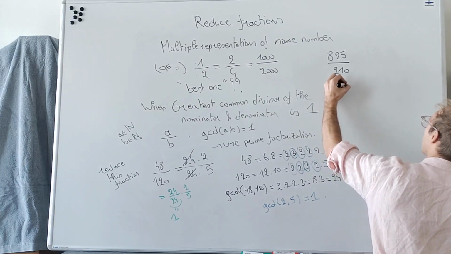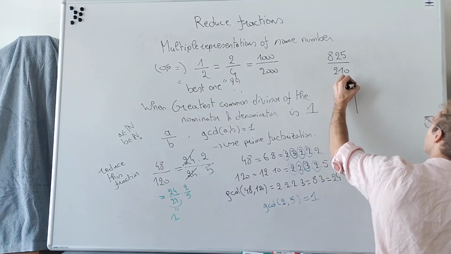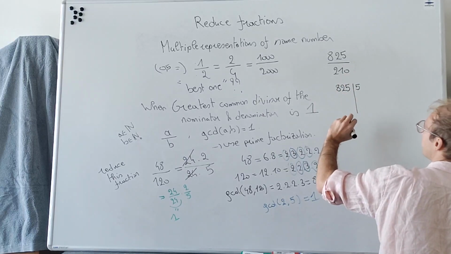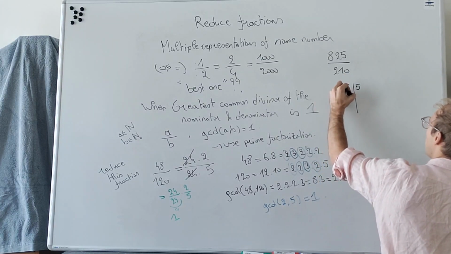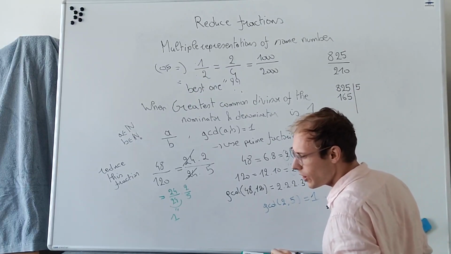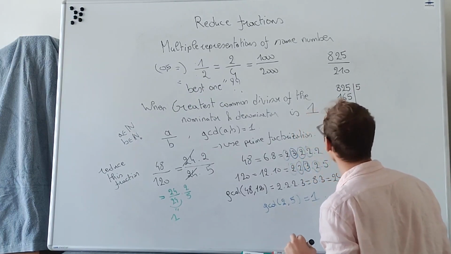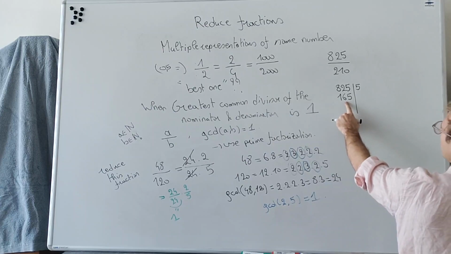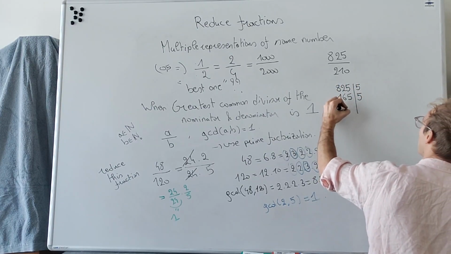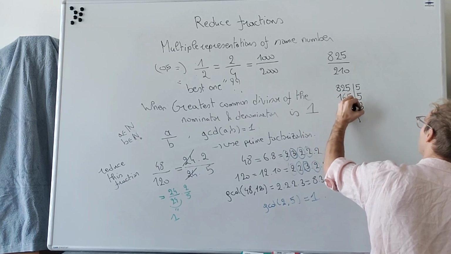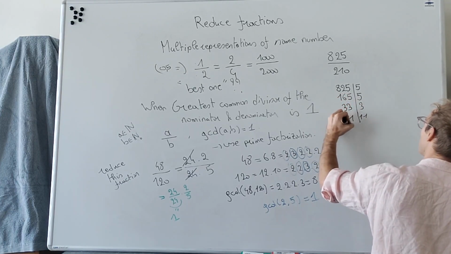So let's factorize 825. This is divisible by 5. Then we arrive at 165, which is again divisible by 5. So then we are at 33, which is 3 times 11.